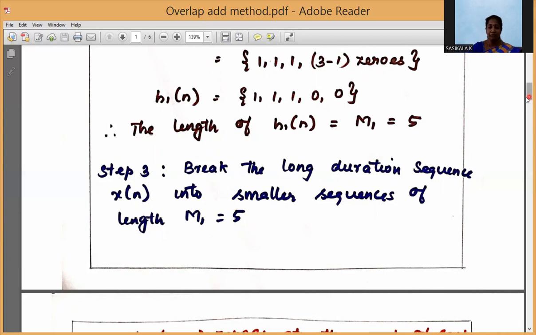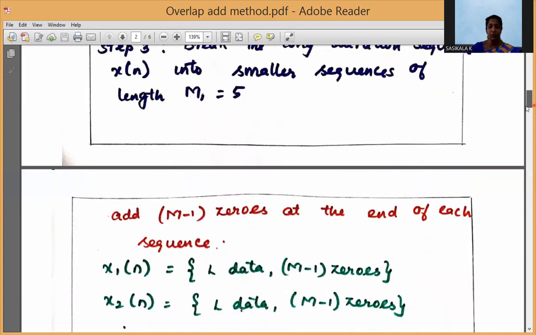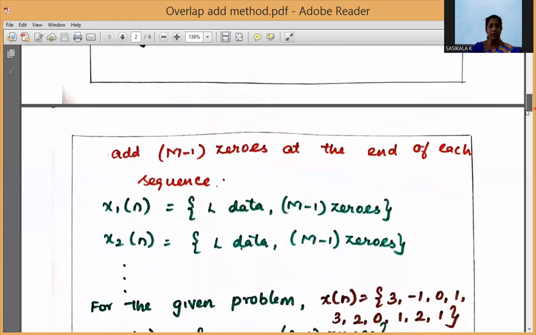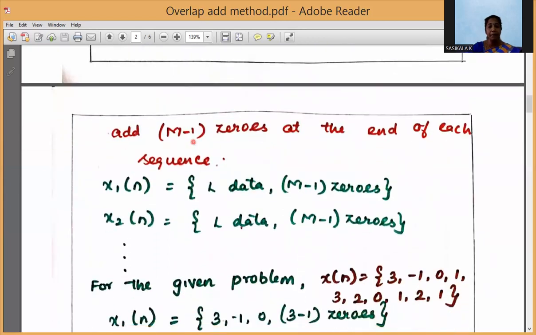equal to 5. How we have to do this is first add m minus 1 zeros at the end of each sequence. Listen, we are breaking x of n, the input sequence, into x1 of n, x2 of n, etc. But the length of each sequence, that is x1 of n, x2 of n, should be equal to 5.